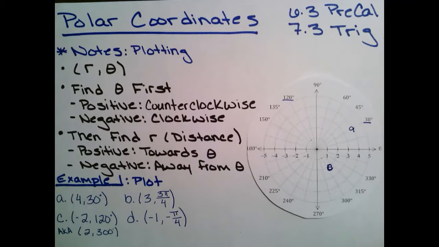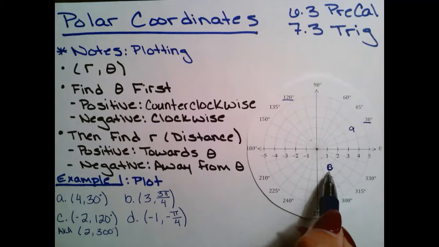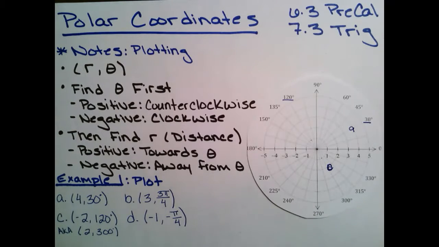As I ask you here and in your book and in class, we'll play with those different versions, but in real life and as we proceed to the more complicated questions, I will always ask you to answer these questions like A is, in what's called the standard form, which is both the r and the theta being positive. So our AKA here is the standard naming for this point right here. Okay? Now, B and D are both asked in radians.